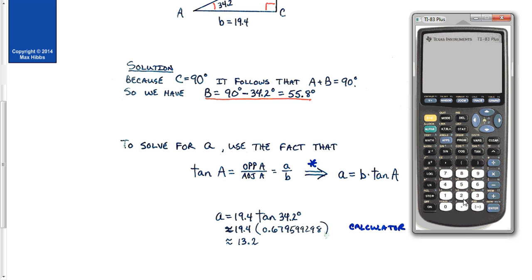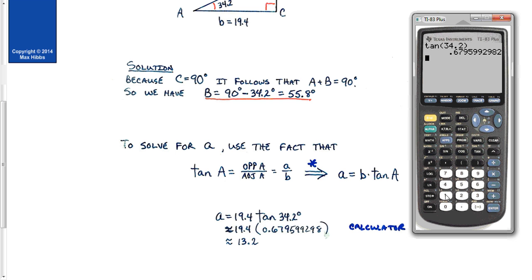So just as an example then, if I was calculating the tangent, here's the tangent key, of 34.2, I know it's degrees, it's going to interpret it as degrees, and press enter, then that's this 0.679599298. Looks like I left off a 2 here, okay? But I really want my calculator to do the whole job at one time.